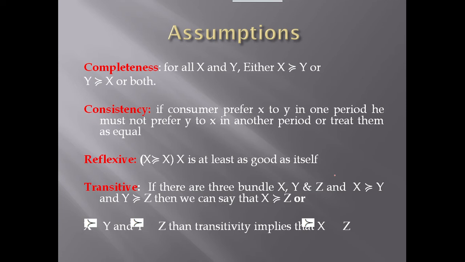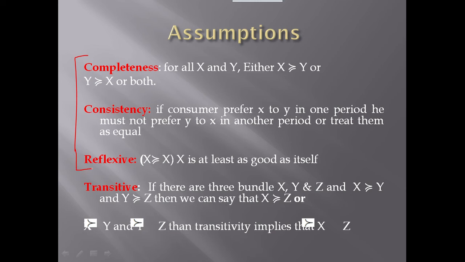To ensure rationality, we assume completeness, consistency, reflexivity. These three assumptions together ensure rational behavior of the individual.